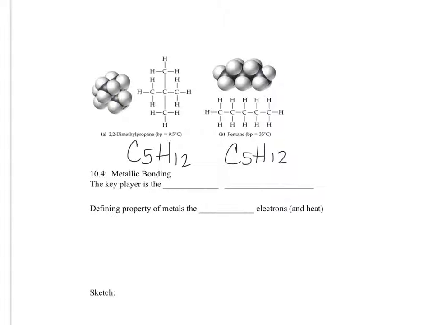So look here, just changing the shape of the molecule, remember, you're creating an isomer, which changes its physical and chemical properties. So as you see here, 2,2-dimethylpropane has a lower boiling point than pentane. And that's basically because of its structure. The long chain like this on the pentane on the right is stronger, and it's going to take more energy to split it apart.